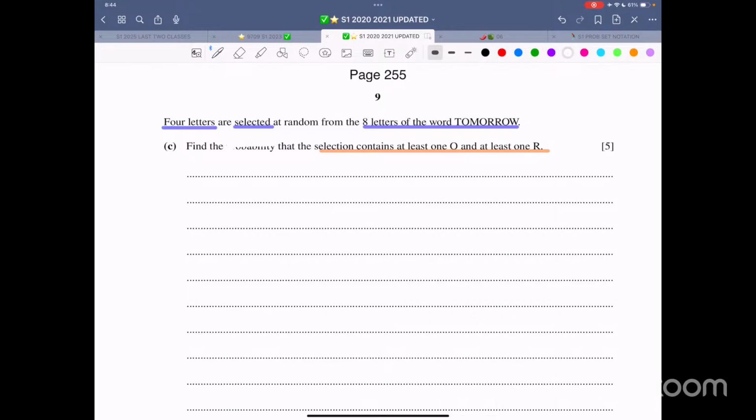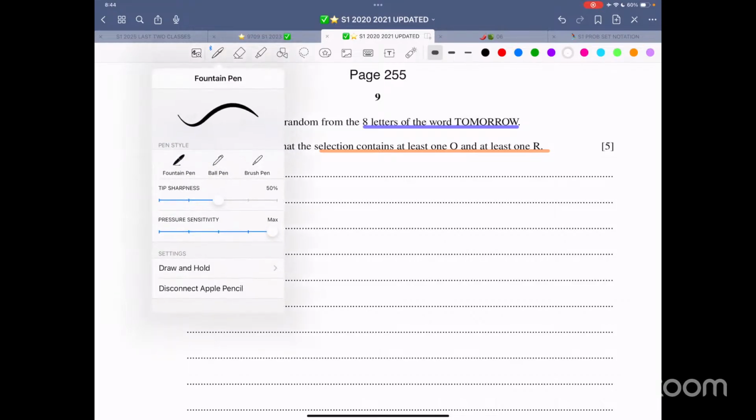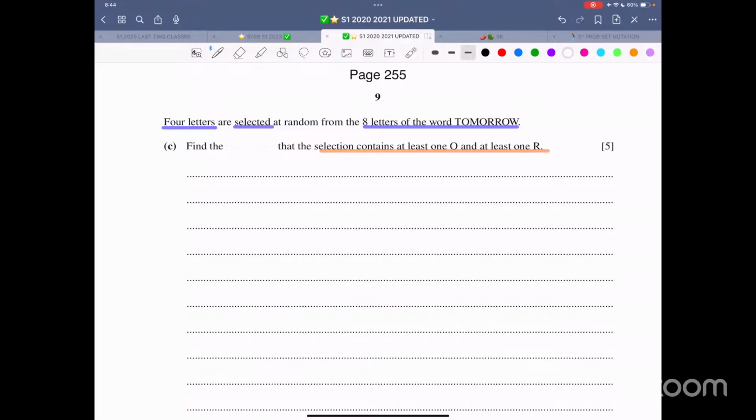So this is my way of modifying this. Find the number of ways that the selection contains at least 1 O and at least 1 R. So this is modified because that is how it's usually asked.